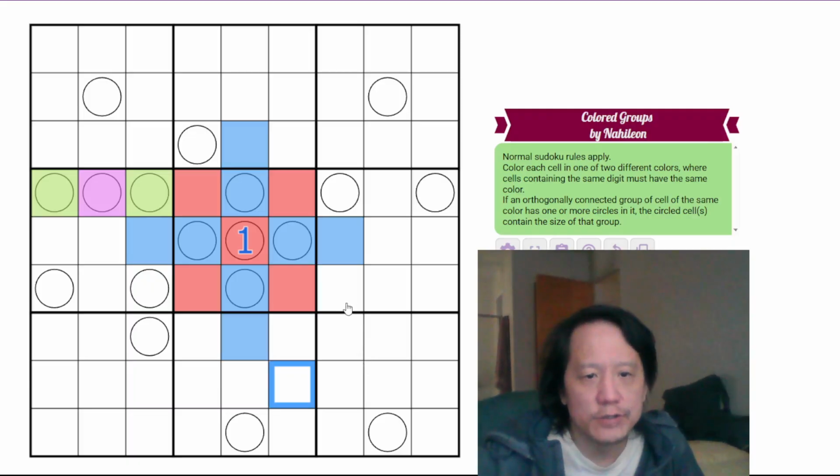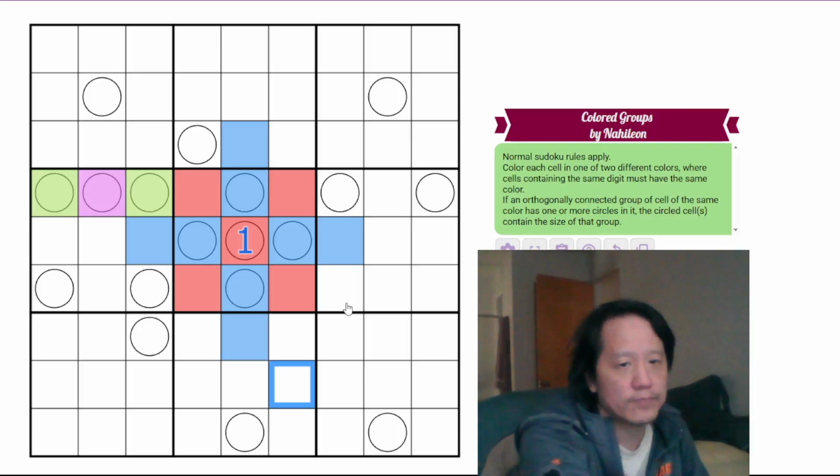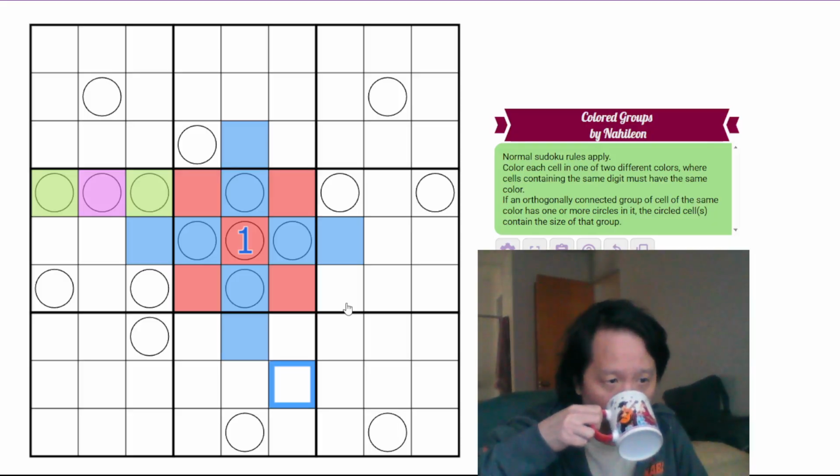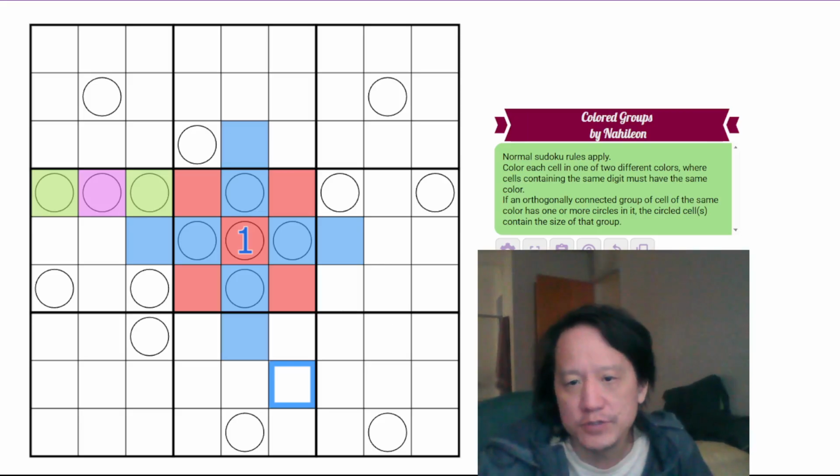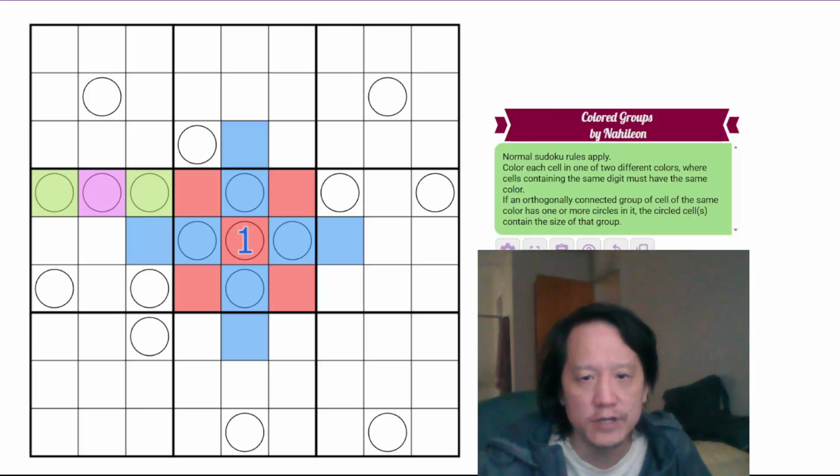What else do we know? Okay, so we know boundaries. Let's mark the boundaries. We'll mark them in green. So we know this is a boundary, this is a boundary, this is a boundary. Same with these.